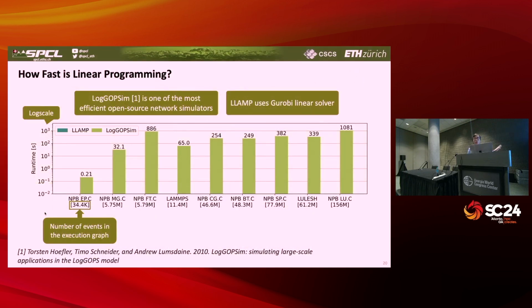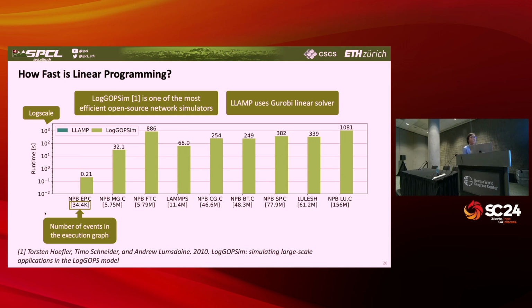So here I want to show how fast our toolchain is compared with some of the state-of-the-art simulators. So here we use LogGPS, which is one of the most efficient and fastest open source network simulators. We compare this against our toolchain, which uses Gurobi as a linear solver. So here we first present the results from LogGPS across a range of applications and benchmarks and see the runtime of LogGPS.